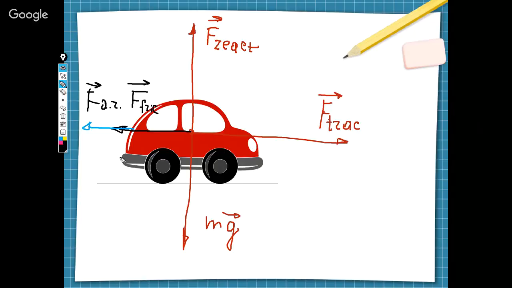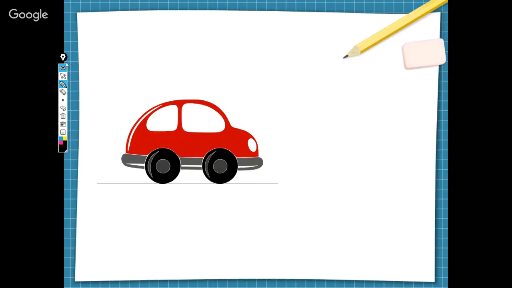So we have four forces, and we need to analyze the system to find some kinetic values of the vehicle. So what is the condition of the maximality of the speed of the vehicle?